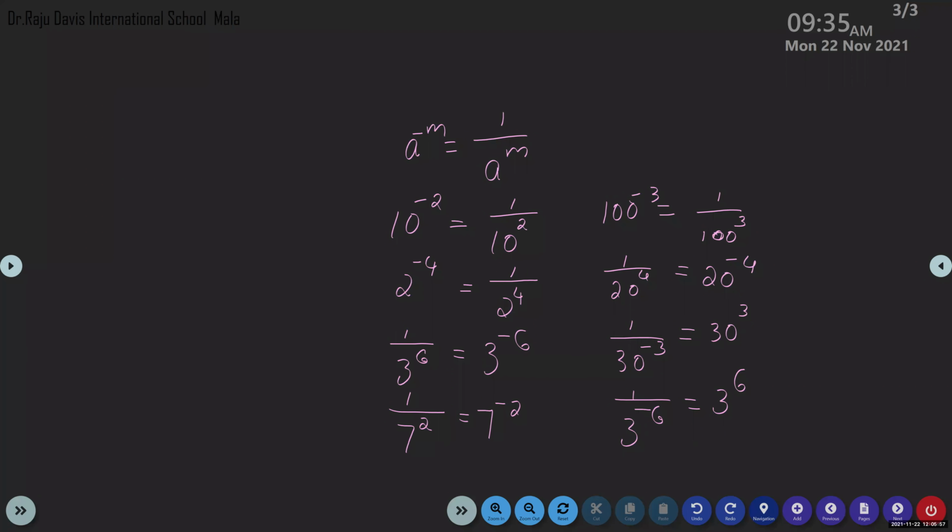Write all this, very important. Transforming a negative exponent from the denominator to the numerator, it becomes positive. And a positive exponent, when it comes to the numerator from the denominator, becomes negative.